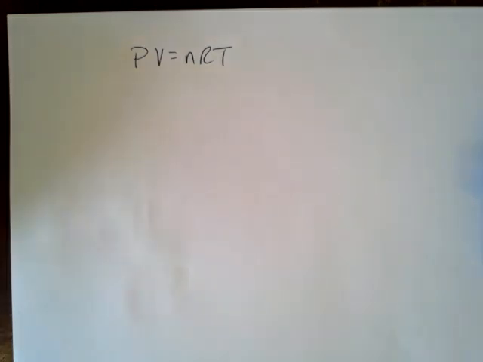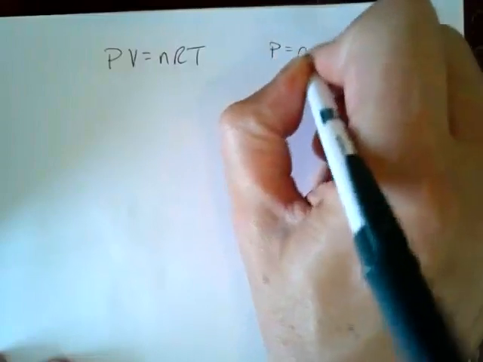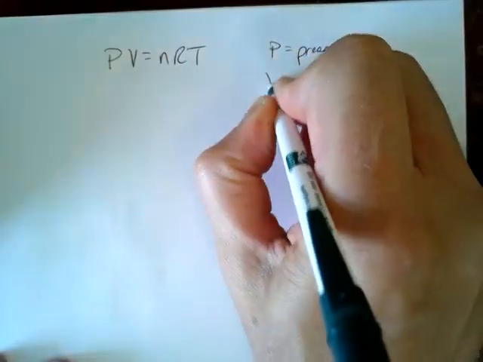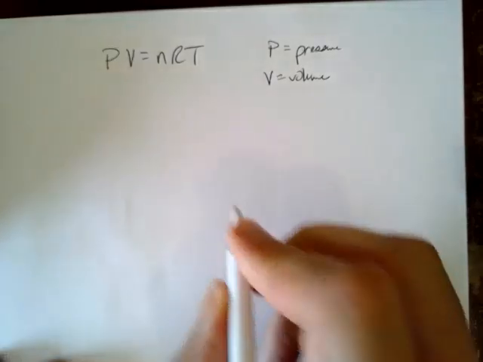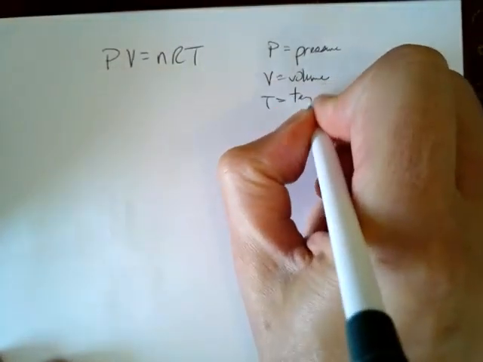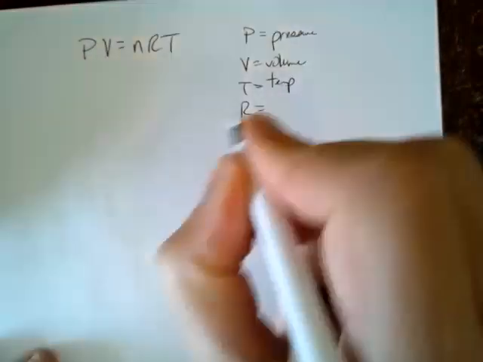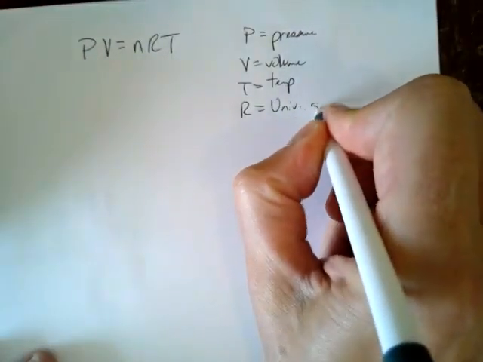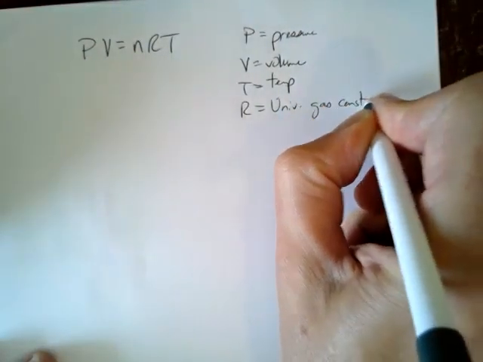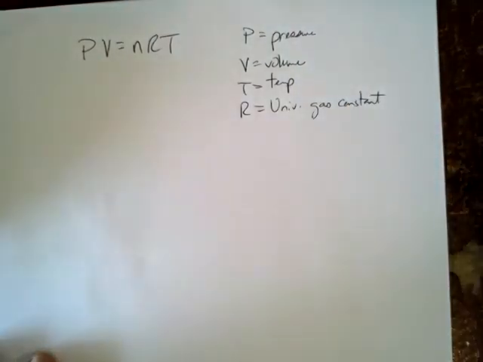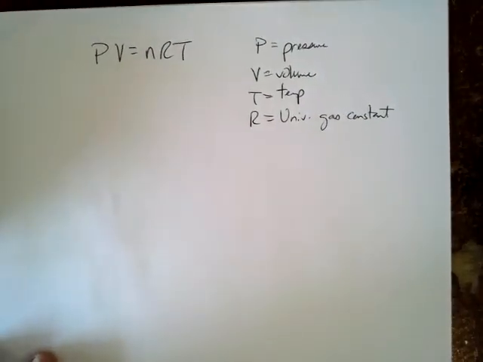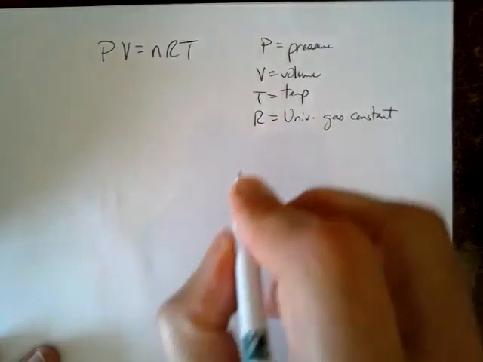So this is an equation that's useful for predicting pressures, P, and volumes of gases, V. So P here is pressure. Volume is represented by V. T is the temperature. R is a thing called the universal gas constant, meaning it's just a number, but a number and a set of units that we need to know.